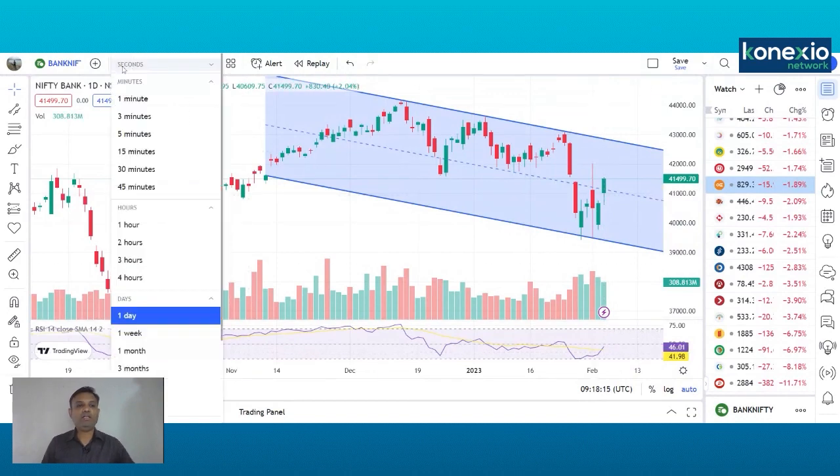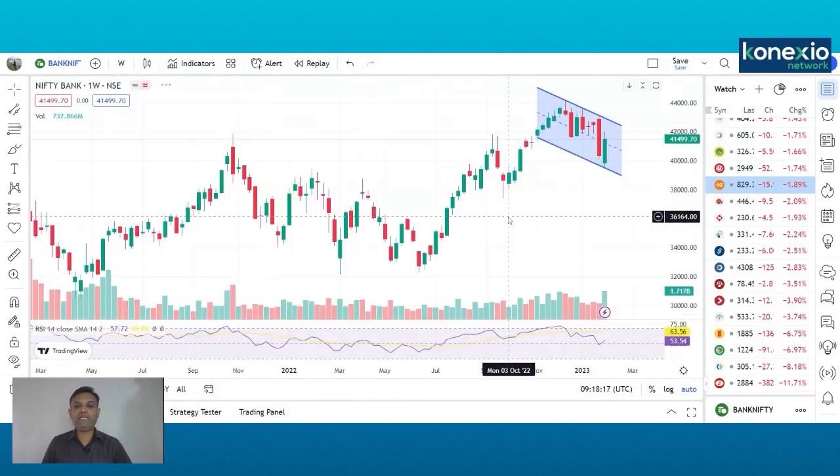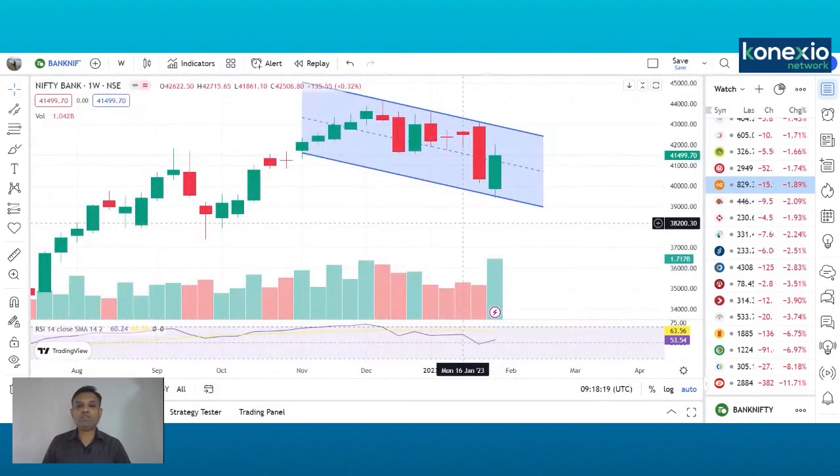Now let us go to the Bank Nifty weekly charts. In Bank Nifty weekly charts also you can see last week was a green bullish candle. Prior to last week, the candle was red, and again last week's candle is considered as a piercing candle, which indicates that the Bank Nifty prices have already entered more than 50% of the downfall of the previous week.